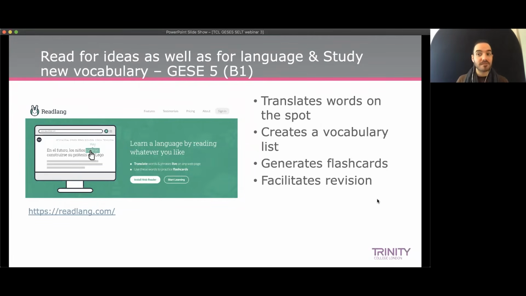I'm sure you will find this very useful. I use it very often. My students use it very often, and it makes reading easy. But most importantly for you, it helps you develop new vocabulary, new words in English that you need to use during the exam.